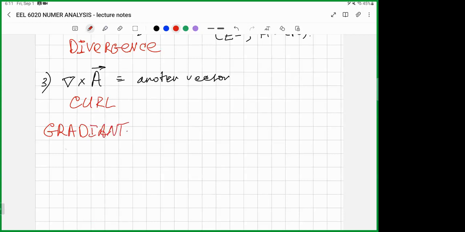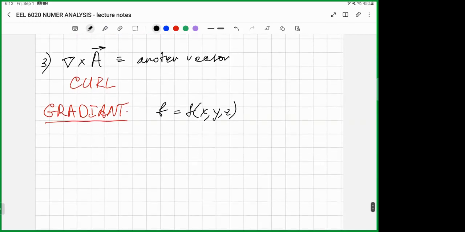A gradient. So to do so, let's pick up one function of coordinates x, y, z, for example, and plug in this function of coordinates into the nabla operator.